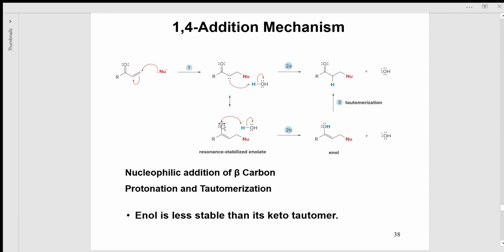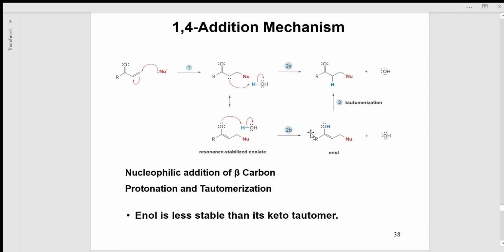I want to share more negative charge here. So very likely whenever this intermediate forms, this would be the big brother, sharing more negative charge here. If this is the case, we are going to protonate this oxygen anion to form this molecule, the alcohol protonation.